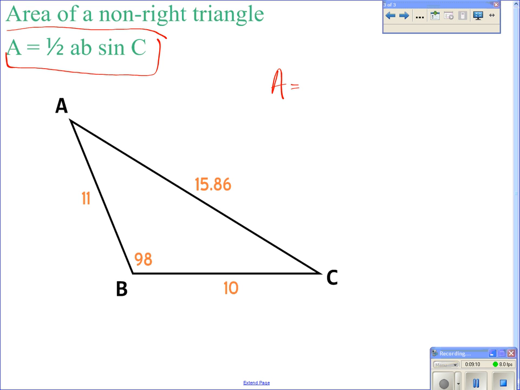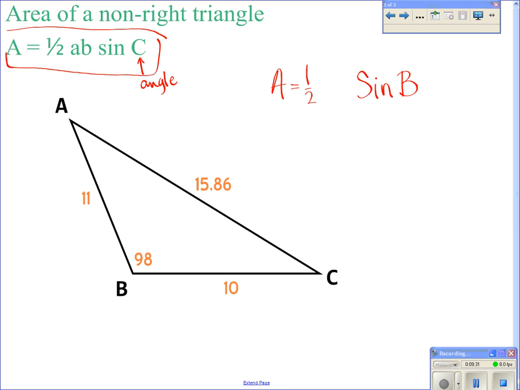So if this is, what object is this? Is it a side, an angle? What is it? Angle. Okay, so we have an angle. The only angle they gave us is the 98, right? So we know that this is going to have sine B at the end.